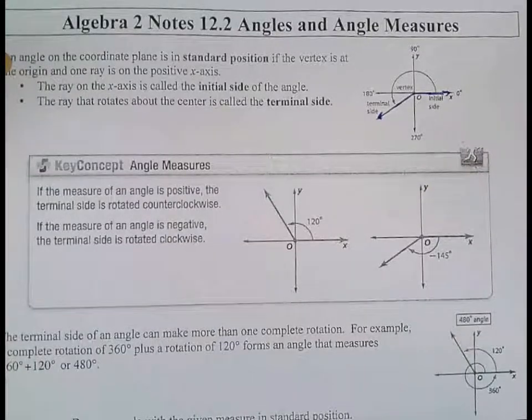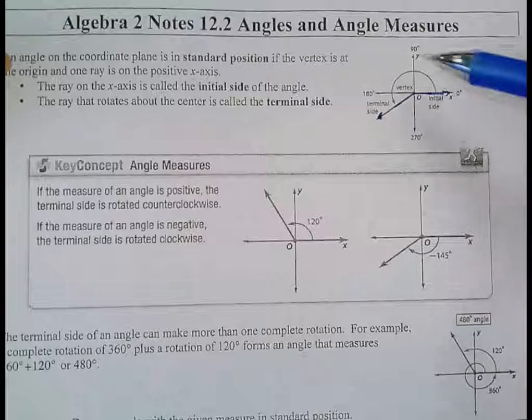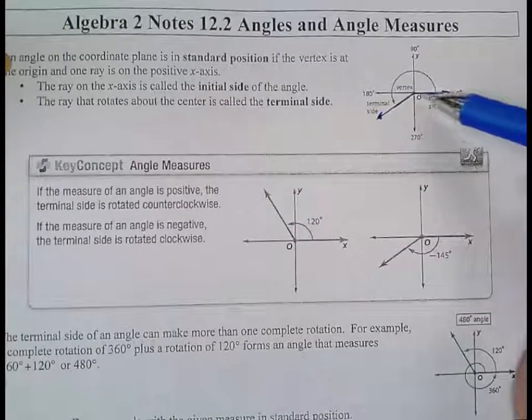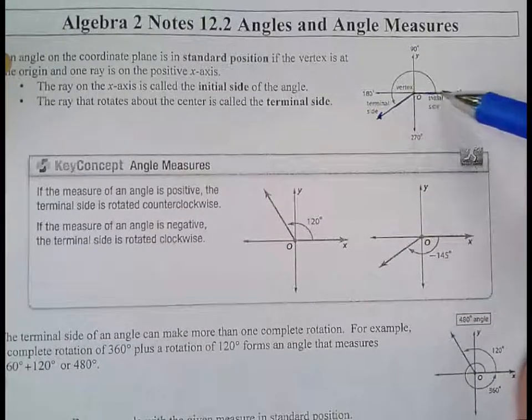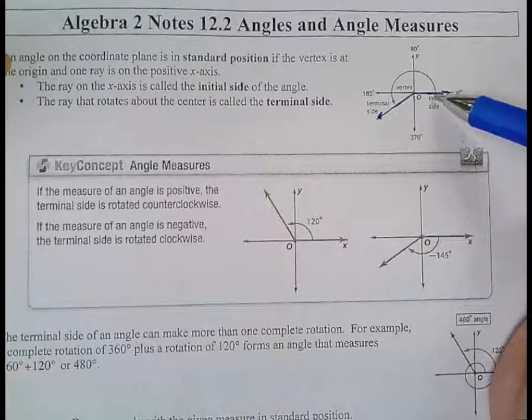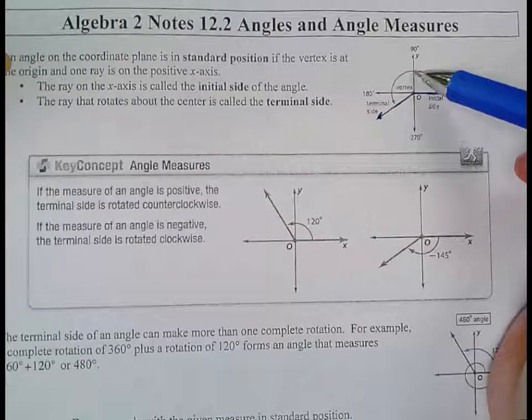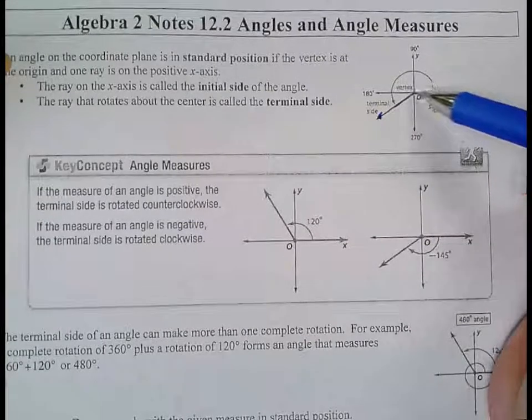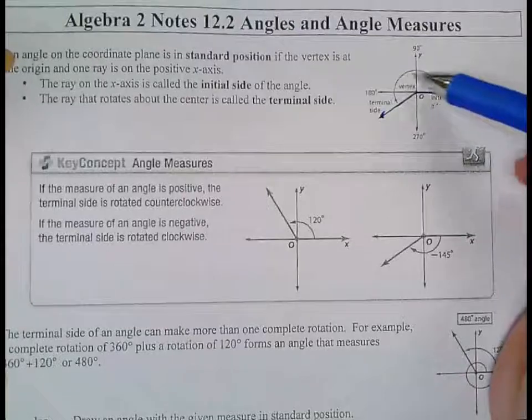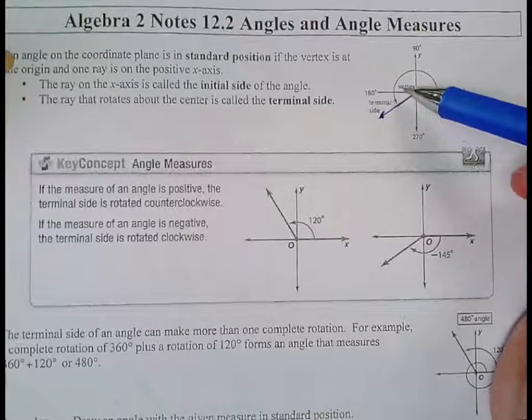And then what I also want to make a note of on this diagram, so you're always starting, the positive x-axis is considered 0 degrees. If you go up a quarter of the way, you're at 90 degrees. Continue going another quarter, you're at 180. So 180 degrees makes a straight line. You may remember that from geometry.